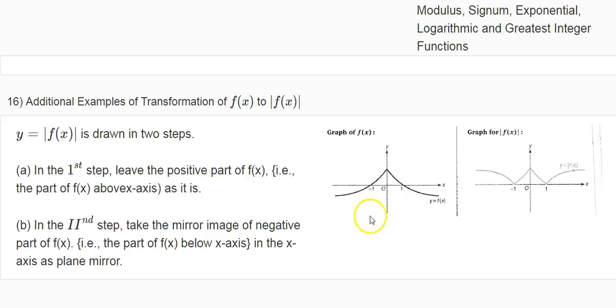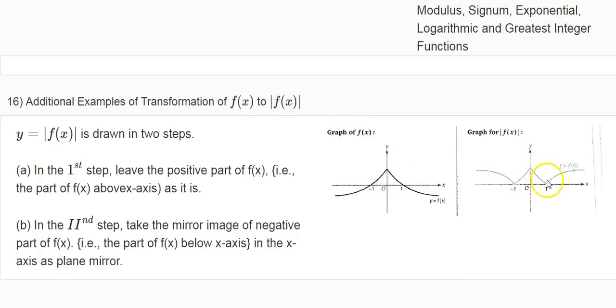The simple and easy method is to ignore the portion which shows the values of y below the x-axis, and take a mirror image of this portion using the x-axis as the mirror. So this position becomes this position, and this position becomes this position, and the portion above the x-axis remains the same.